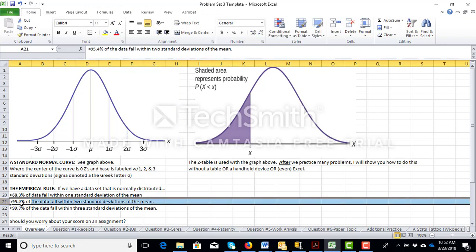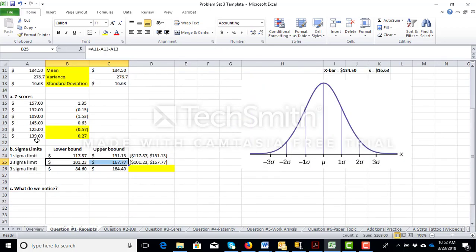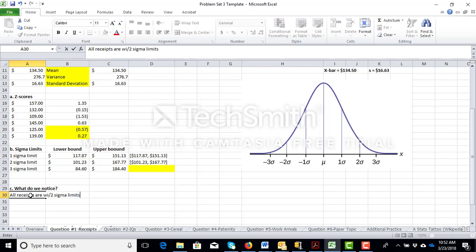By the way, it says approximately, but what it really means is at least 95.4% will fall within 2 standard deviations of the mean. In this case, and this gets to something called Chebyshev's theorem, all of the receipts in this sample are within 2 sigma limits. So we notice all receipts are within 2 sigma limits.